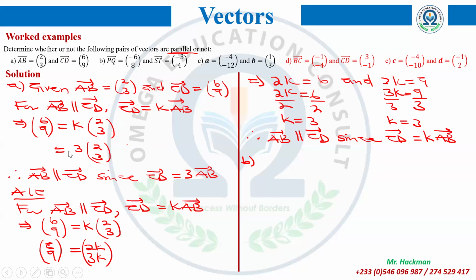So if this was negative, like you said, then yes, I can still make this one the same as my AB, 2, 3. So I rather have to bring out negative 3. You get the point. Yes, I absolutely get it.